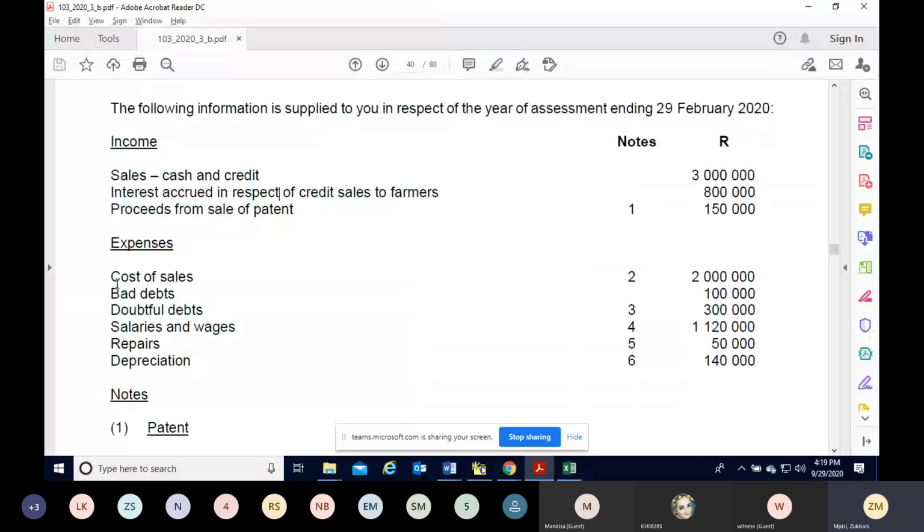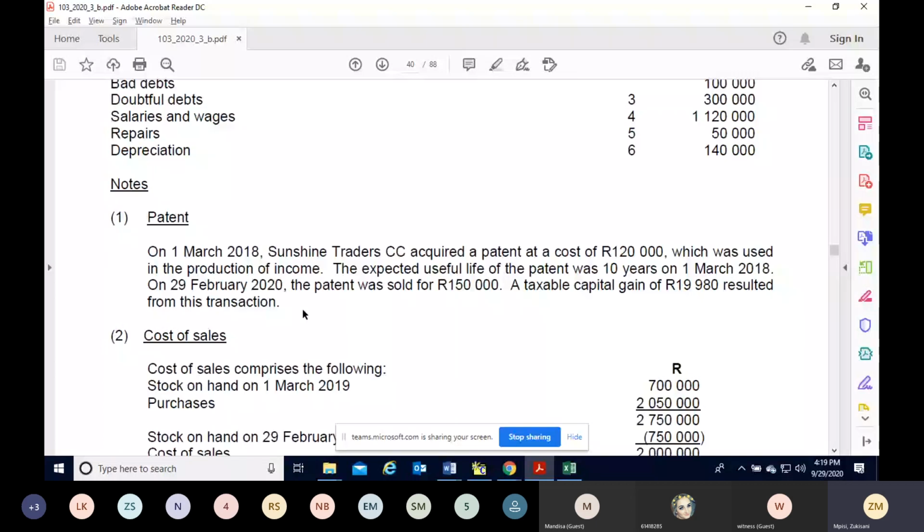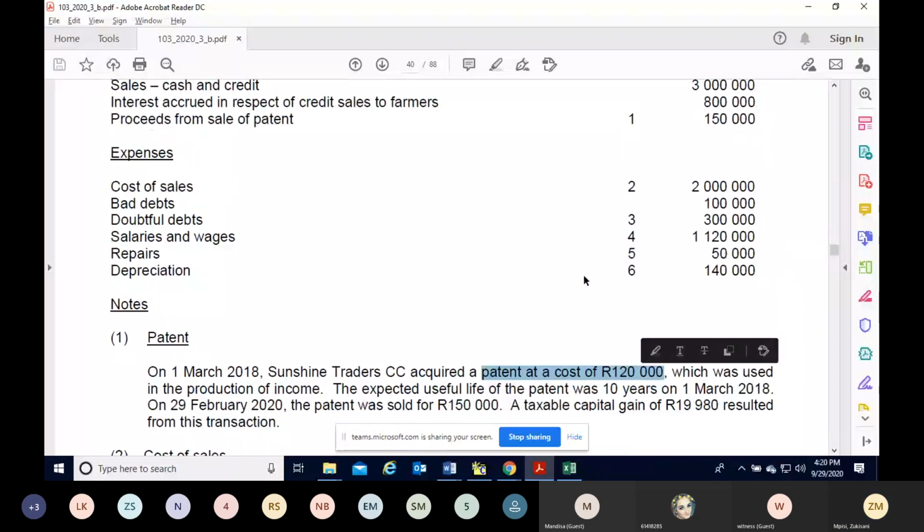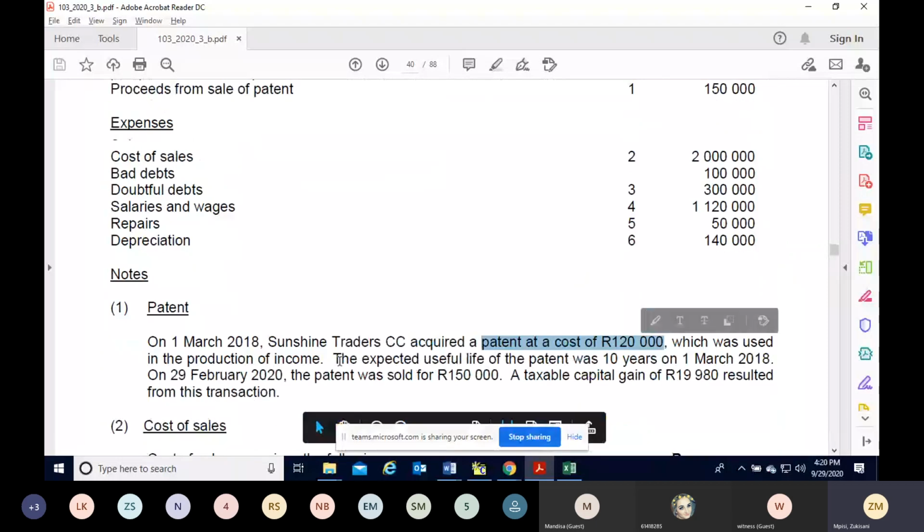The next one, we are told that we've got proceeds from sale of patent for 150. And now we have to refer to note 1. So here is note 1. On 1 March 2018, Sunshine Traders CC acquired a patent at a cost of 120,000, which was used in the production of income.